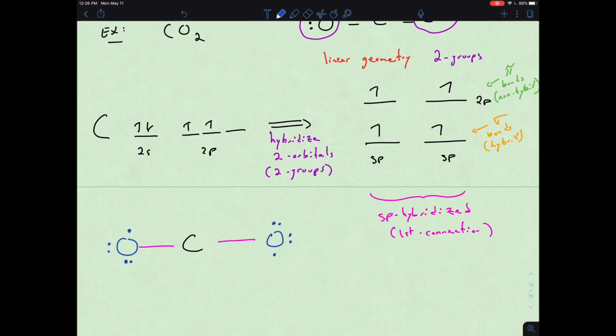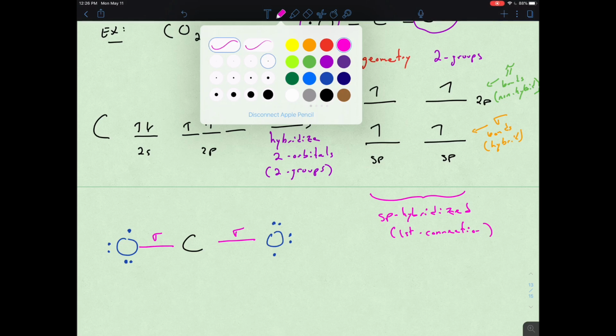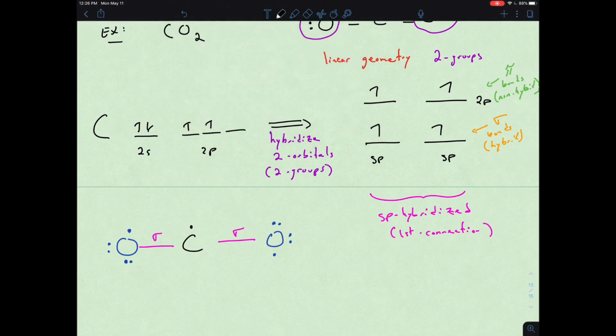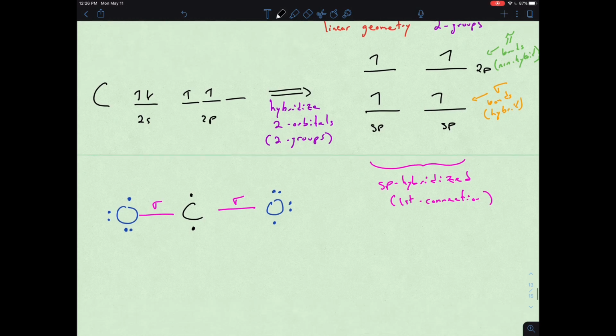Like this, we would have our 2 sigma bonds that we've laid out with the sp hybridized orbitals, and carbon still has 2. So each oxygen has 1 unpaired valence electron yet to take care of with the double bonds, and carbon has the 2 to facilitate that.